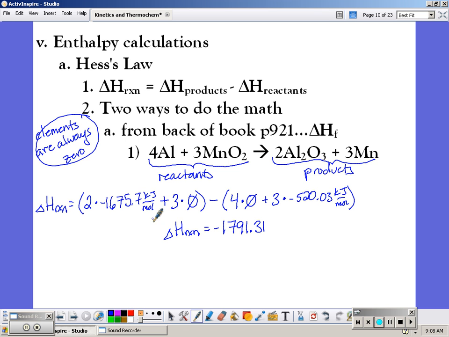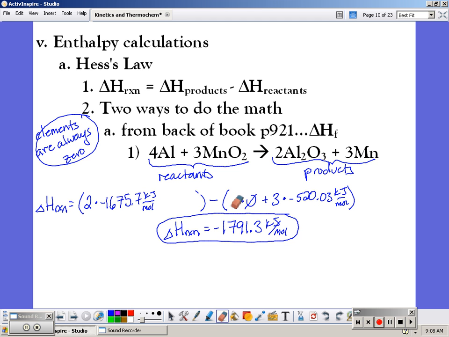Here I have 1 and 2, so I'm going to go with the fewest and say 1 decimal place. Kilojoules per mole as my final answer. Now, because elements are always 0, we actually don't even need to include them when we do the math. So if you recognize that elements are 0, you don't even have to have that part in the math equation.